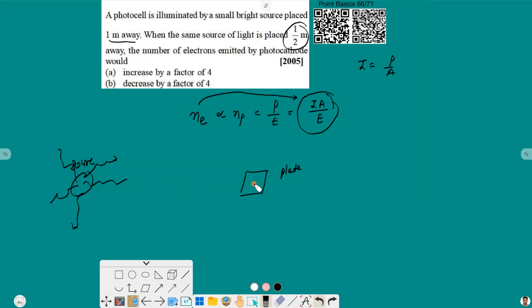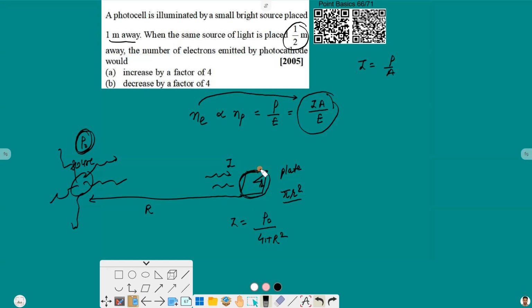Let's say the plate is in circular shape. So we can take its radius as small a, and its area will be pi a square. Now suppose this is the distance, that is capital R. The intensity reaching here, suppose P node is the original power emitted by the source, will be P node by 4 pi R square.